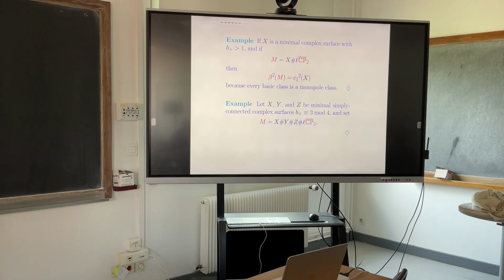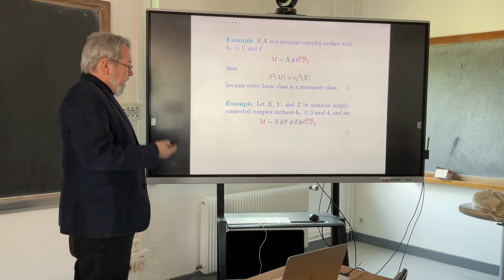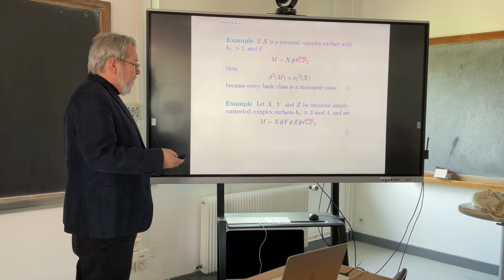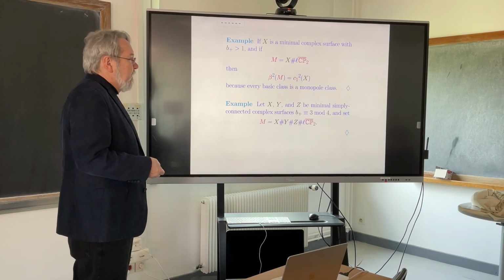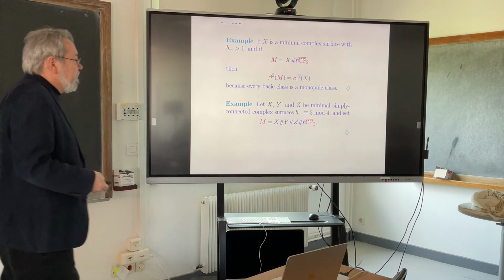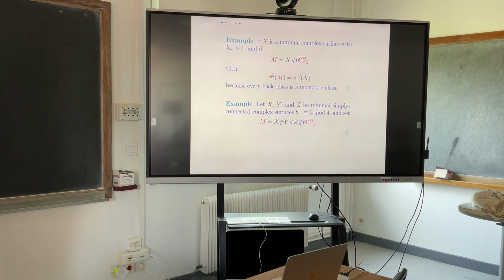Here's another class of interesting four-manifolds where you can compute this beta squared exactly, even though this is not done by finding all possible monopole classes. You know some monopole classes, you can also construct sequences of metrics and compare them.